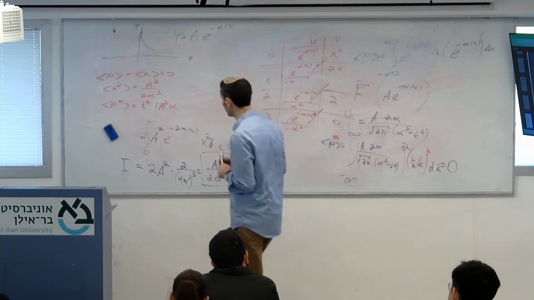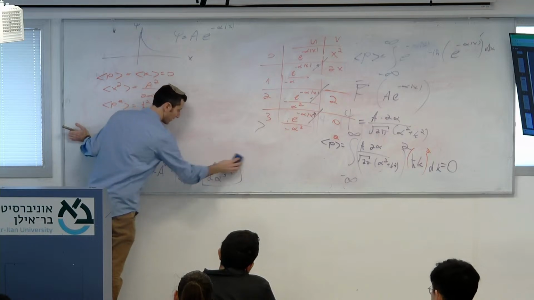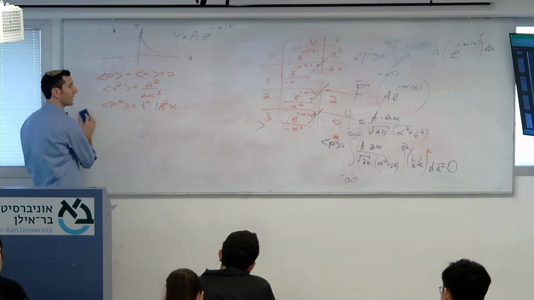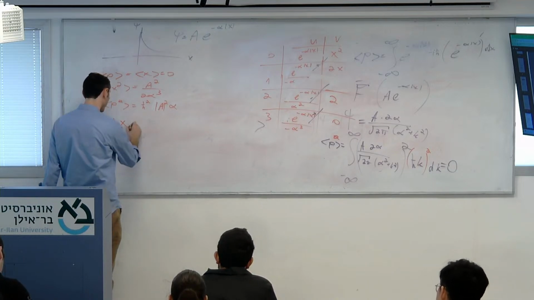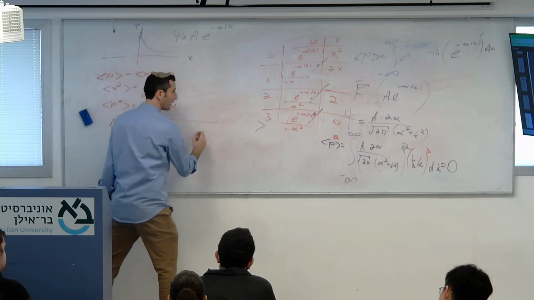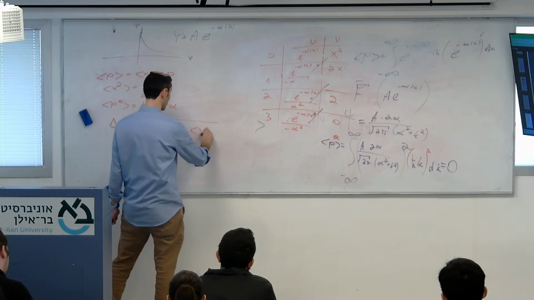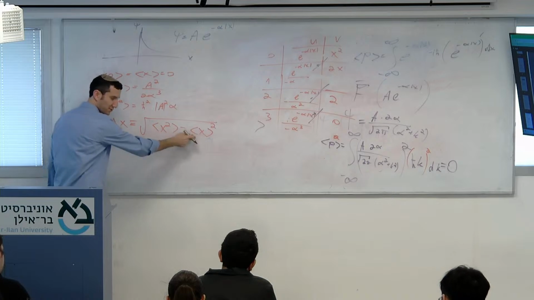The definition of the uncertainty principle is as follows. First, I need to define delta x. Delta x is the square root of x squared minus x squared. I already know both of these, right?